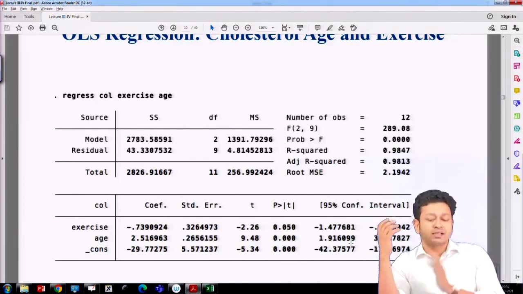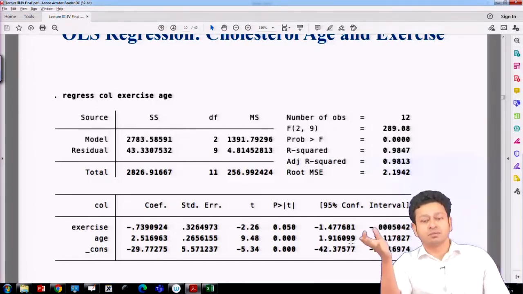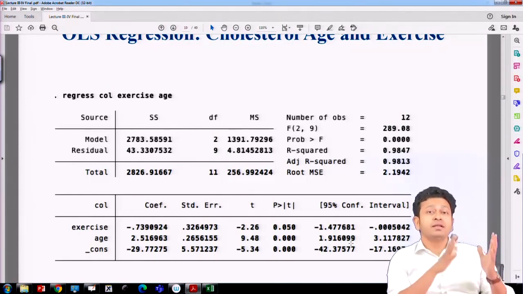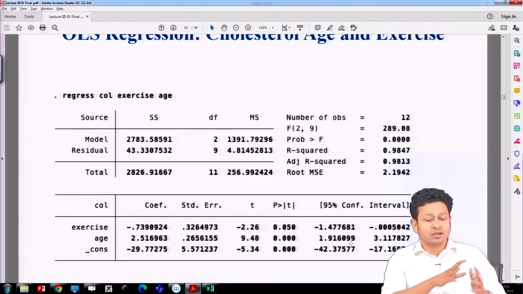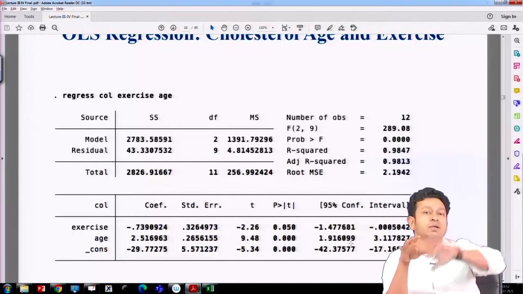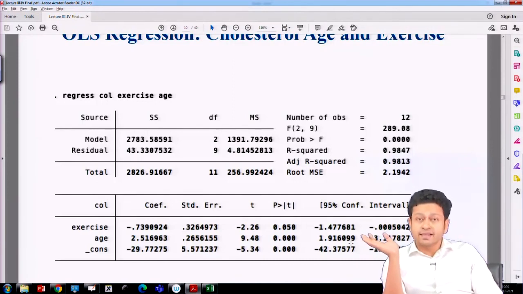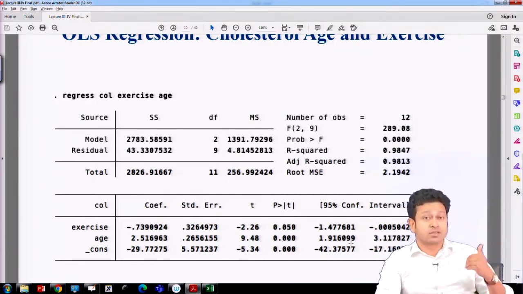What it means is your null hypothesis was that the value of all these different coefficients you were estimating was 0. The moment your confidence interval is excluding 0, your estimate is falling somewhere on the right or left, so 0 is not an option for it. When that is the case, you reject the null hypothesis, and your alternative hypothesis is explaining your model.